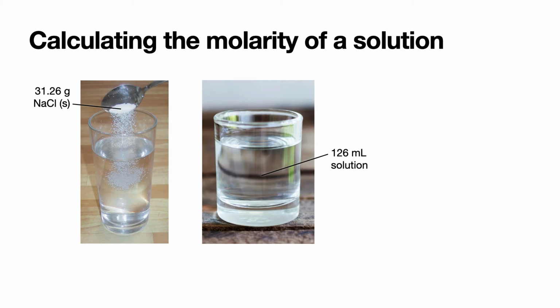If we wanted to find the molarity of this solution, molarity is defined as the amount of solute divided by the volume of the solution. And we just need the amount of solute to be in moles and the volume of solution to be in liters.